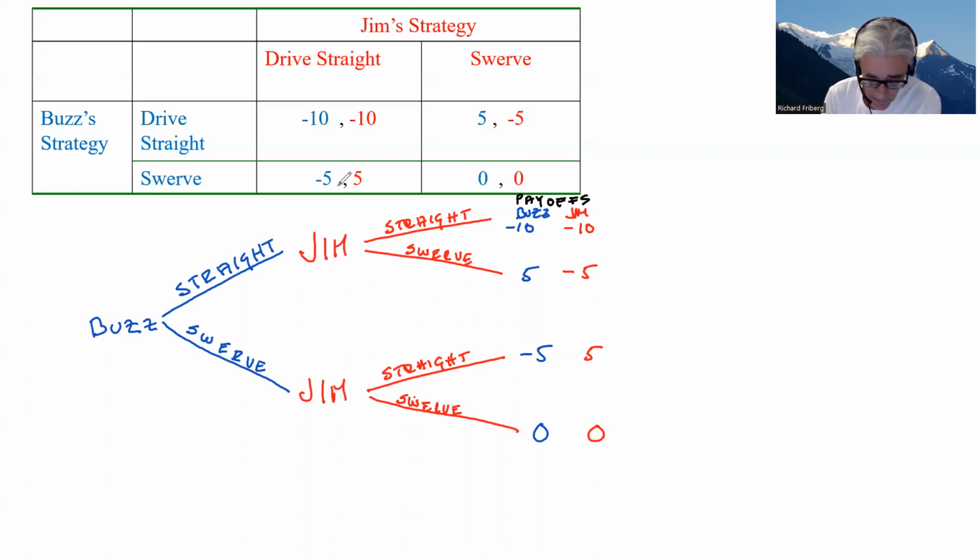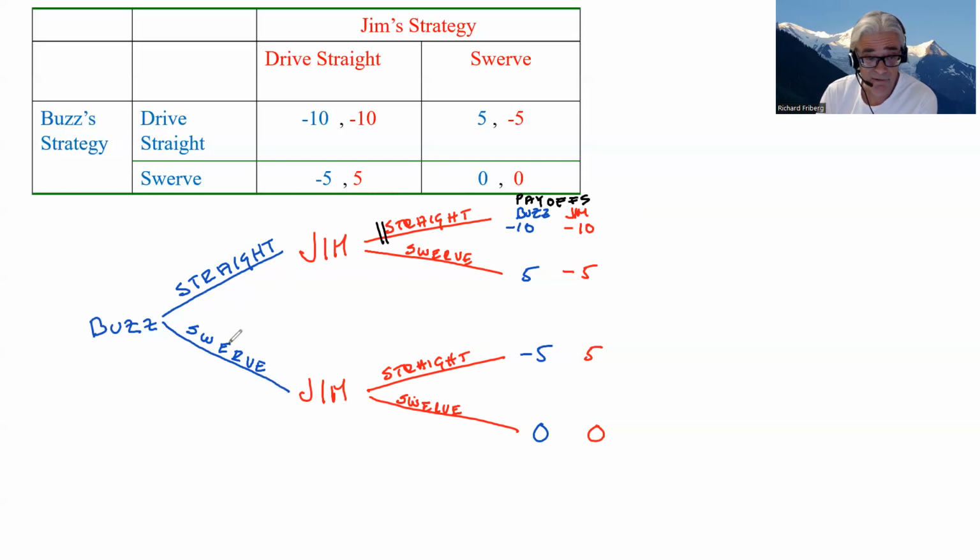Just like we underline, we can set arrows, etc. But one way is closing a path. So here we're starting from the end, looking ahead and reasoning back. So Jim, in the case where Buzz first has driven straight, is comparing payoffs -10 to -5. Neither is particularly attractive, but -10 is even worse than -5. So we close this path. Okay, we believe that if we end up here, Jim will choose to swerve, since -5 is better than -10.